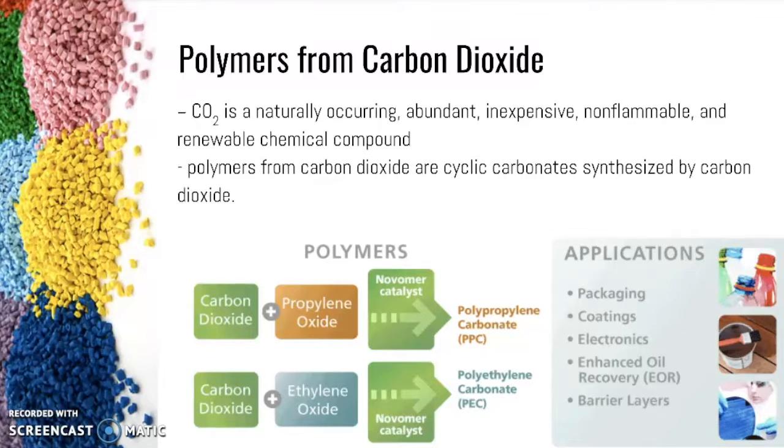And green polyurethane formulation combines the mechanical properties of polyurethane and chemical resistant properties of epoxy binders. Some applications of polymers synthesized from carbon dioxide can include their use as green solvents for degreasing oily steel, paint stripping, packaging, coating electronics, enhanced oil recovery, and barrier layers.